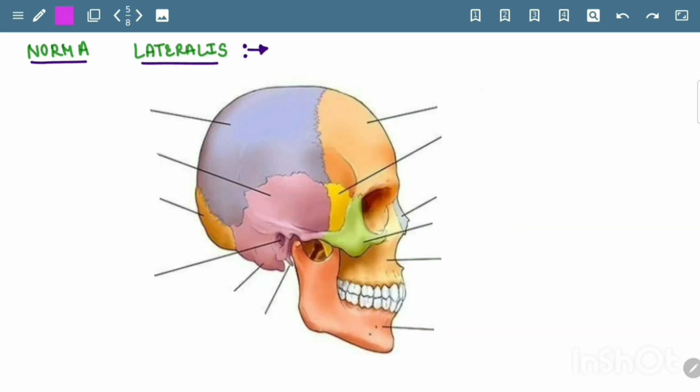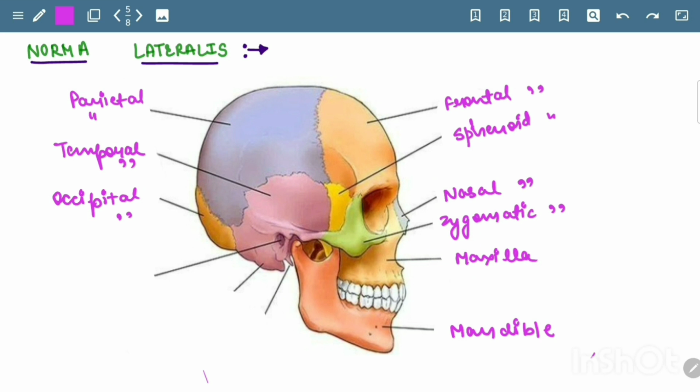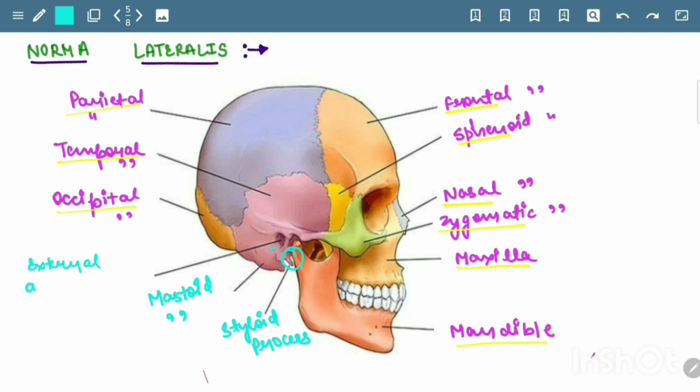Okay. Now norma lateralis, I had already written some of them. So here, these are zygomatic, maxilla, mandible, parietal, temporal, occipital. Now this process is styloid process. This bone in pink is mastoid process, and this is the external auditory canal.